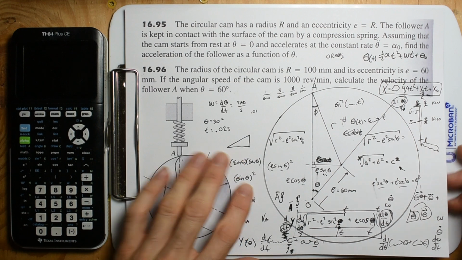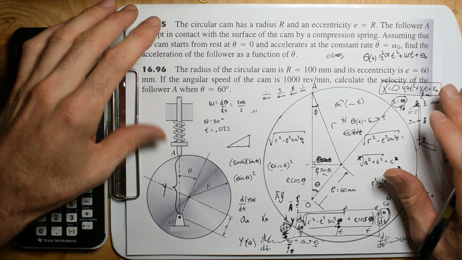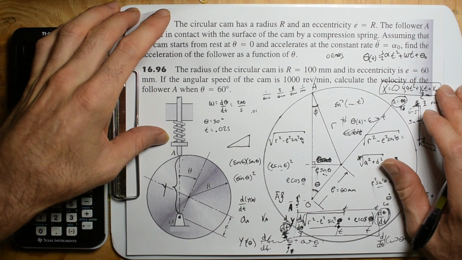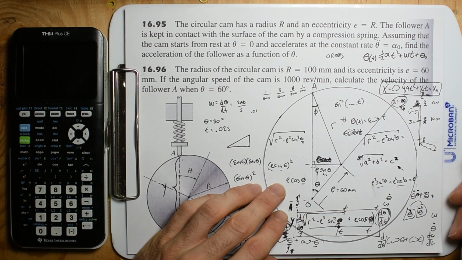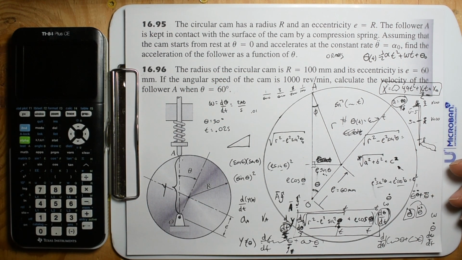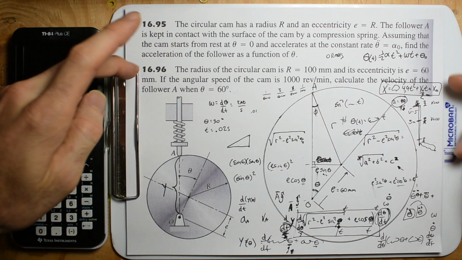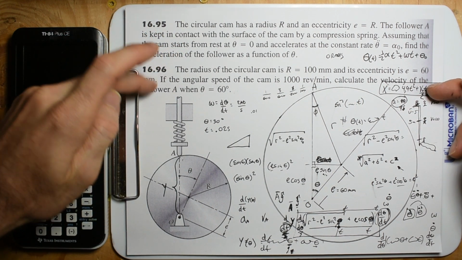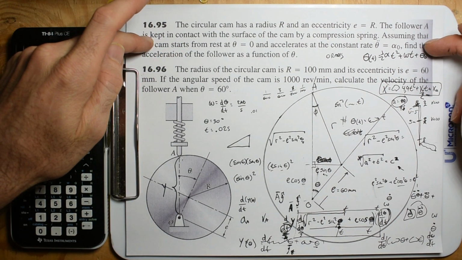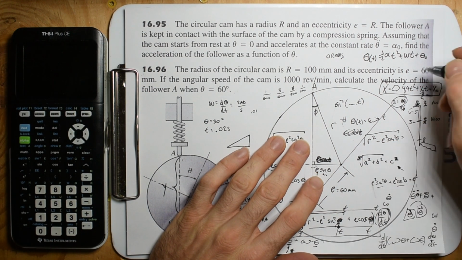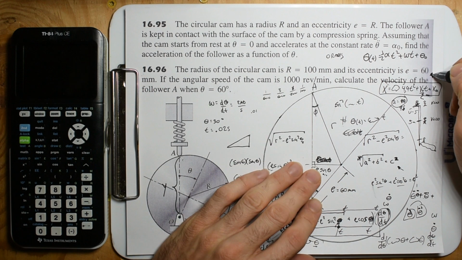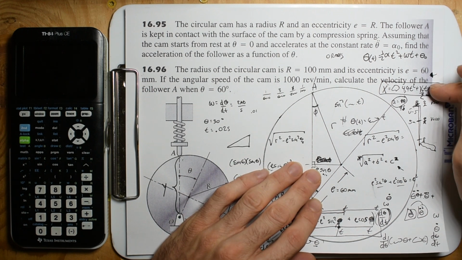I was just hesitant to do too many parts on this problem, but it seems like once I get the hang of it, the later parts go faster. So we're basically going to finish up, and it might be two more. Set this up as a function of time, and then set this problem up as a function of time. So this was part 8. Let's do parts 9 and 10. We're going to first set this one up as a function of time because it has a double derivative.